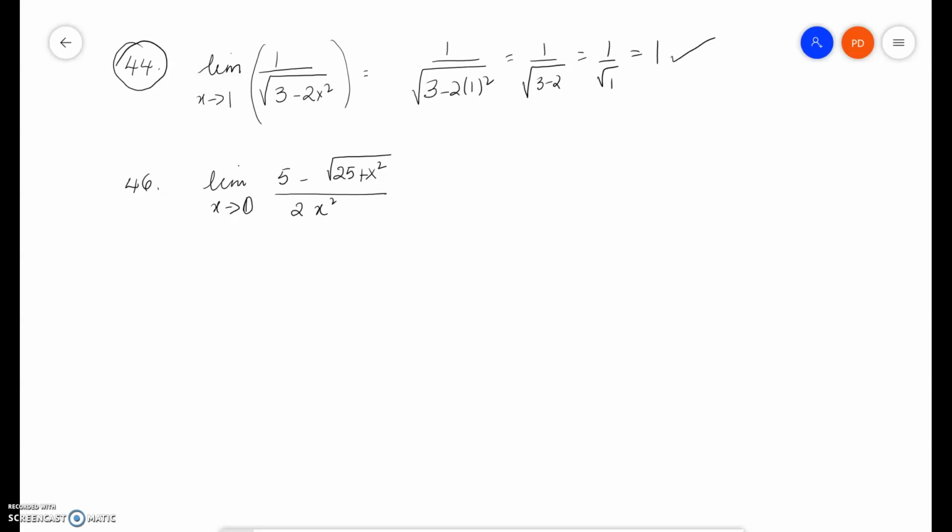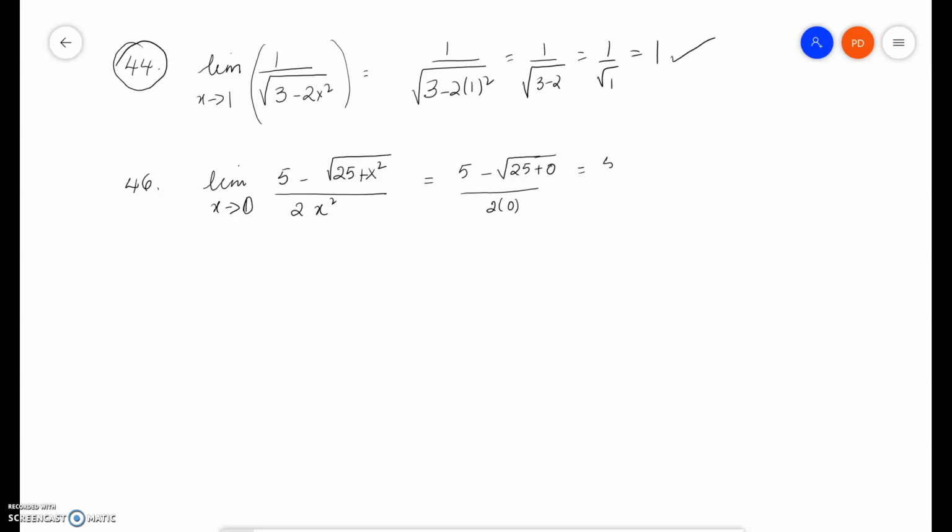Now let's do the next one. Substitute x equals 0. Let's try that first. That'll tell us whether the function is defined at that point or not. So we have 25 plus 0 inside the radical sign over 2 times 0.